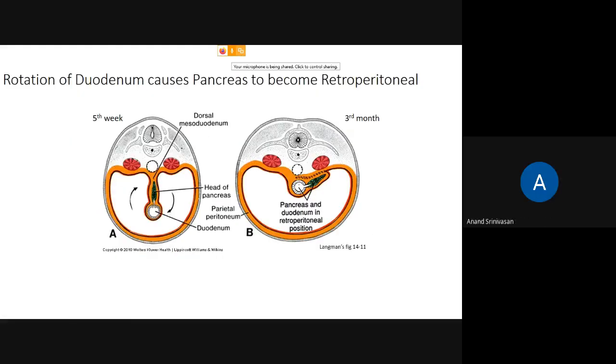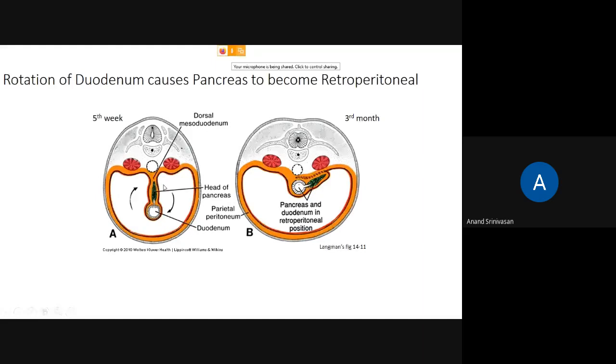Excuse me, doctor. In the rotation of the pancreas, is it just the ventral pancreas which rotates? The dorsal pancreas also rotates. See here, the dorsal pancreas is initially on the posterior side, isn't it? Because of the rotation, the dorsal pancreas turns about 90 degrees.